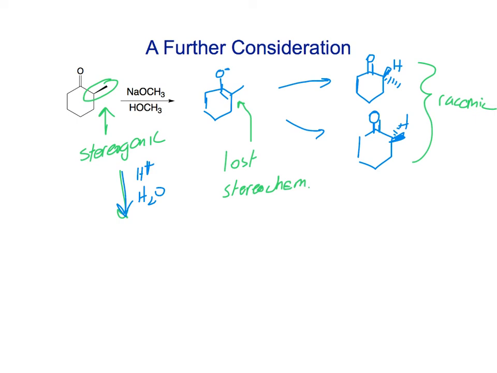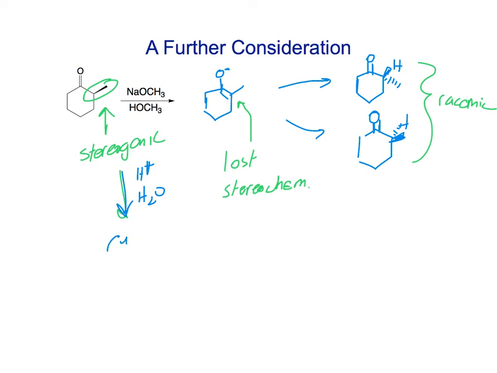Protonation of the oxygen, and then what forms? It can form an enol, right? Because acid catalyzes enol formation. And if you form an enol to that side, likewise you lose the stereochemistry.